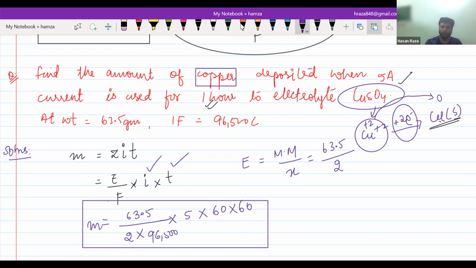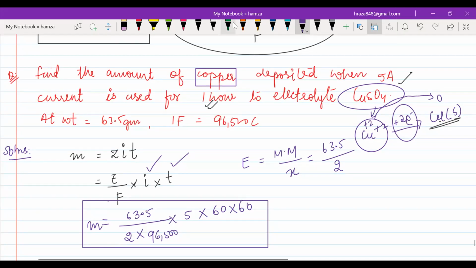And I'm going to give you a very easy trick for solving the question on the basis of first law of Faraday's. Please do it.